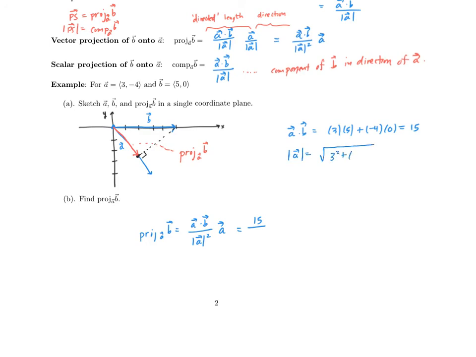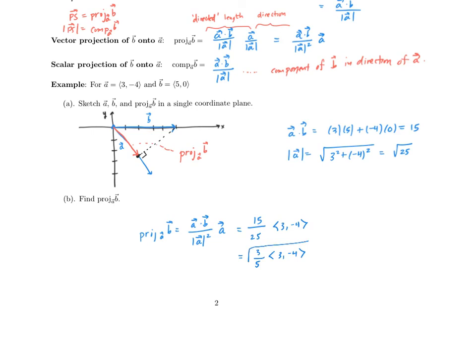So 3 squared plus negative 4 squared, 9 plus 16 is 25. So we have the square root of 25. And because we want the magnitude of A squared, we quickly see from the formula that's just the 25, which is why I did not simplify it. And this is multiplied by A, so 3, negative 4. And if we simplify just a smidge, this would be 3/5 the vector 3, negative 4.